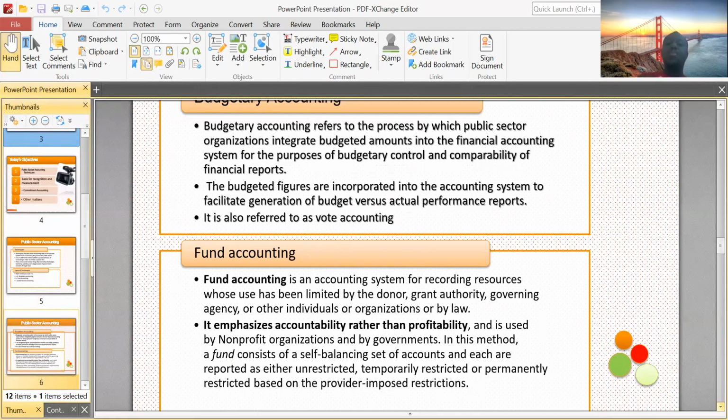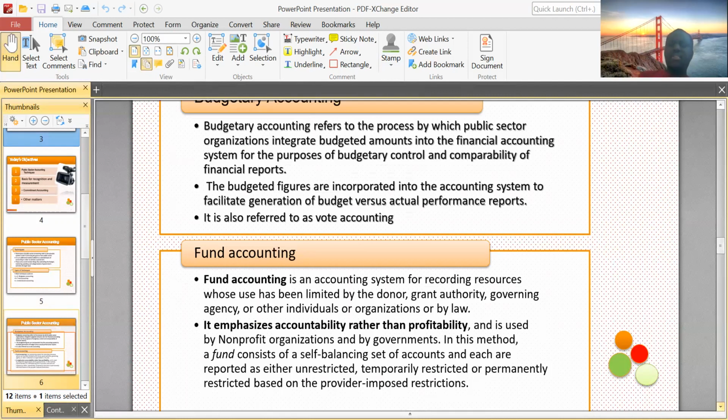That's how they operate. So you are accounting for that pool of funds that has been handed over to you by donors. That's the logic behind it.